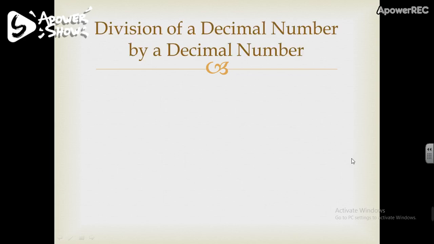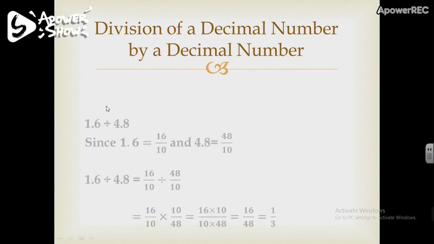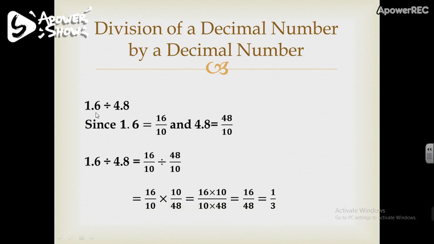Now we are dividing a decimal number by another decimal number. So my first decimal number is 1.6 and I am going to divide 1.6 by 4.8. Again I am expressing these decimal numbers as fractions. So 1.6 equals 16 by 10 and 4.8 equals 48 by 10.